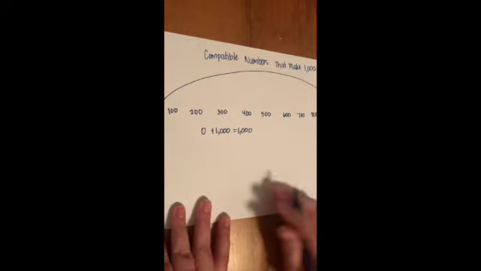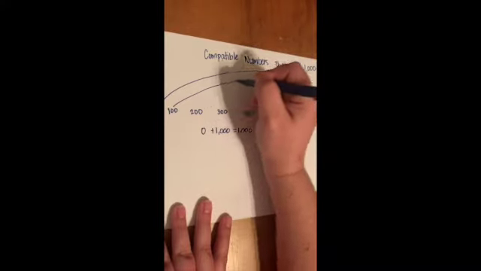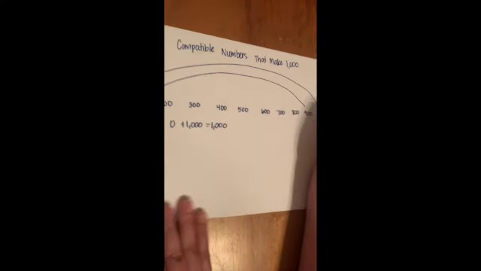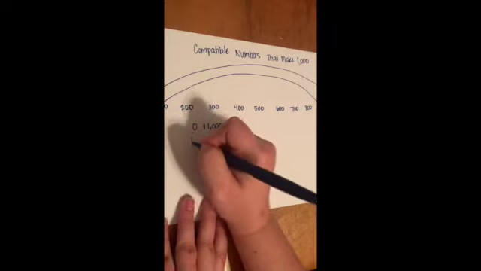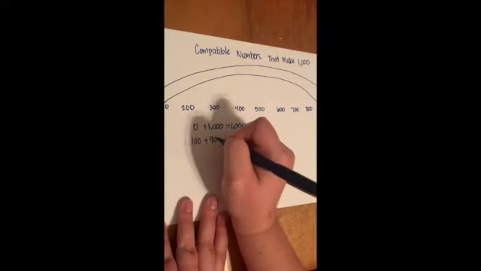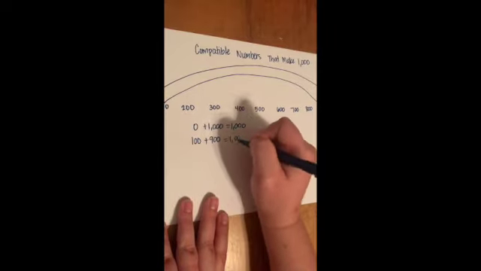Now let's get into our compatible pairs. So 100 goes over to 900. So 100 plus 900 equals 1,000.